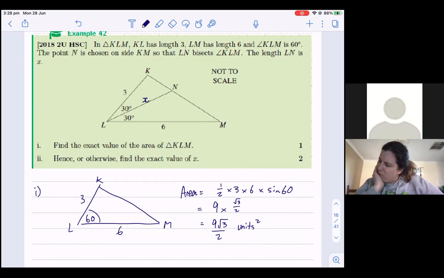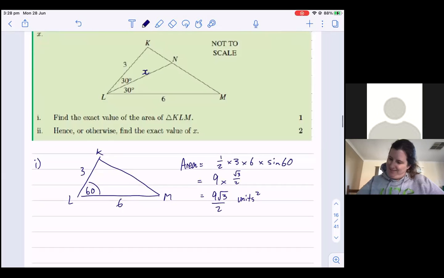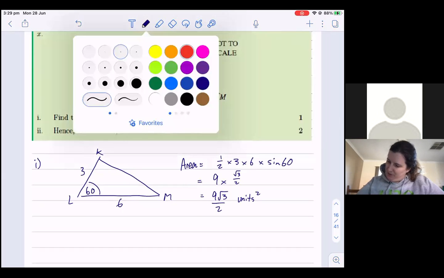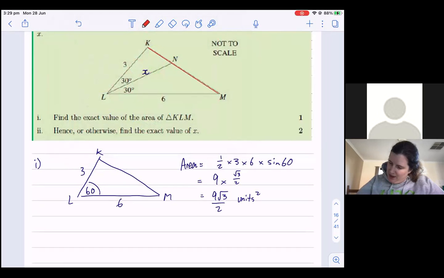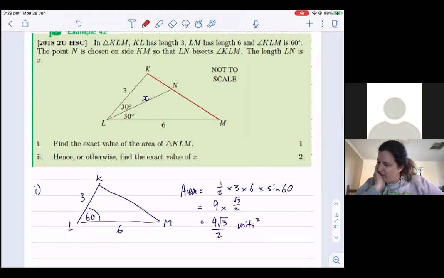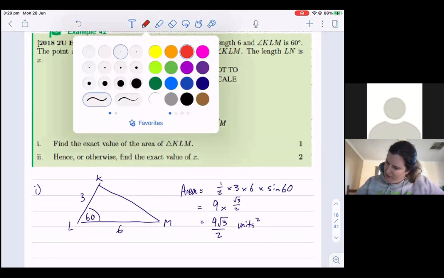I've made, no, that's not perpendicular. Okay, well, I'm not sure what to do. This is exciting. So let's start off. Let's find an expression for KM. I don't think that's actually going to be useful though. No, okay. Let's split up these triangles.